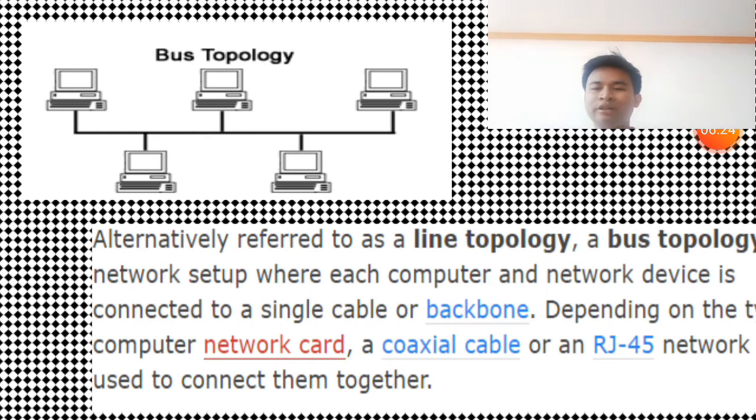They are connected in a line to connect the other computers, the third computer, the fourth computer, and the fifth computer. So we can use this to send files or data to the other computers.